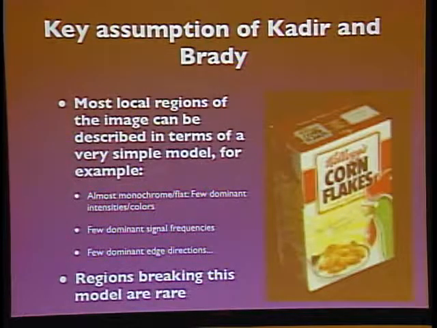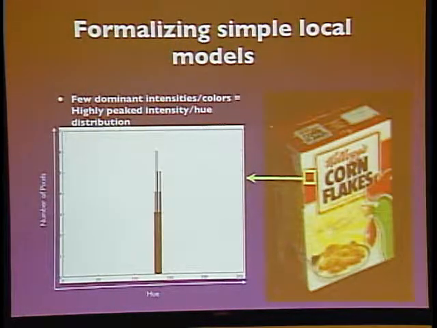And I think if you actually go through this exercise of going through every region of the image and trying to come up with a simple story about how you would explain its contents to people, I think you'll find that this is true. So now let's try to squish this idea into some mathematics. Let's imagine, to do this, that we form histograms. Hopefully you're all familiar with what a histogram is.